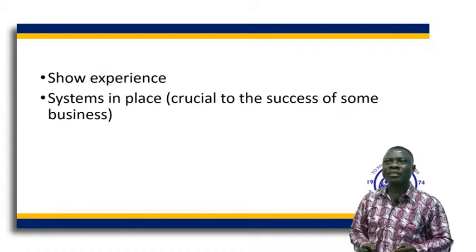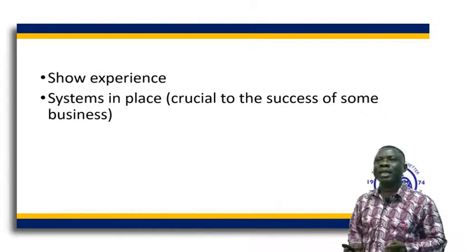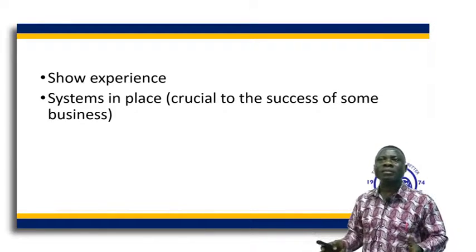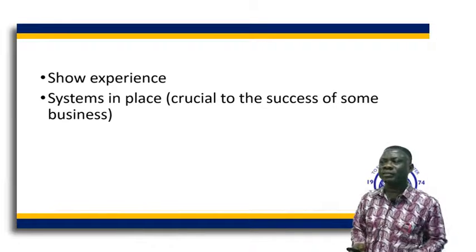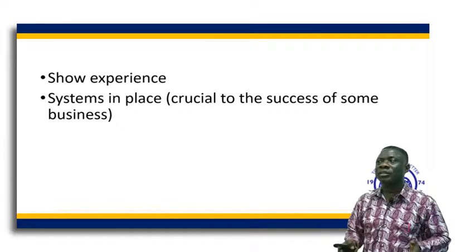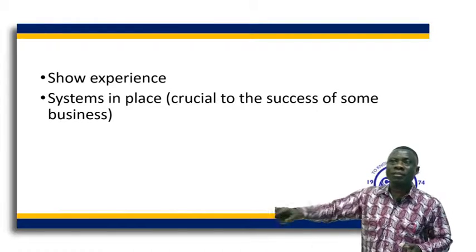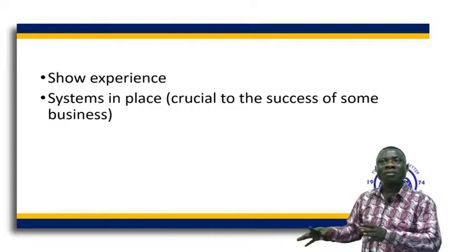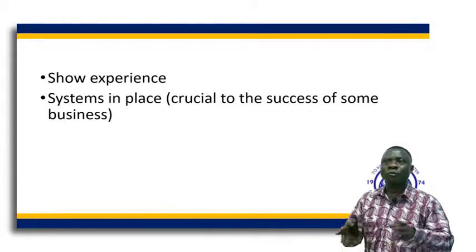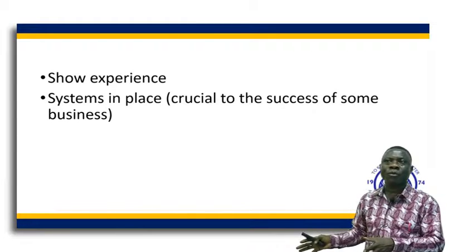For instance, you just can't start loading products off the warehouse into trucks unless there is an invoice raised. So systems in place. If there is an invoice raised, automatically, what it means is the sales coordinating office have factored in the sales of those products, and financially they will be catered for.